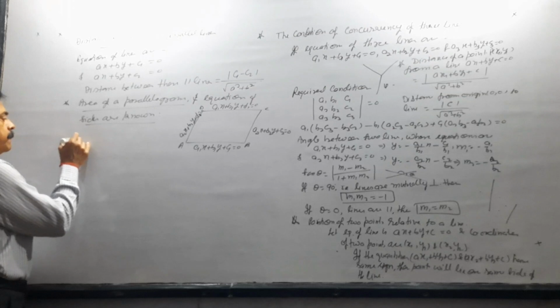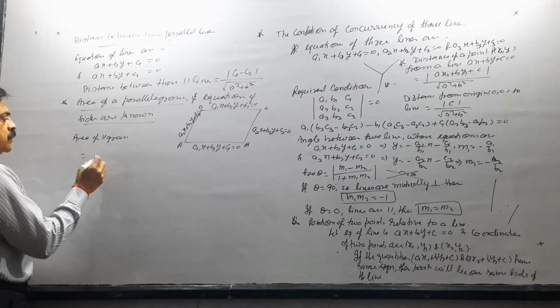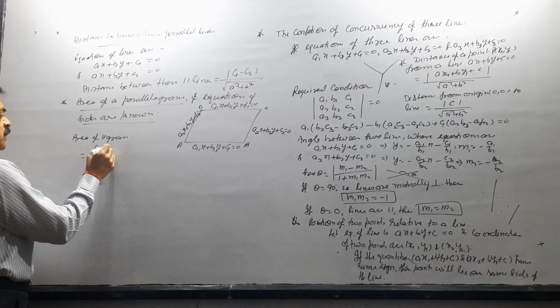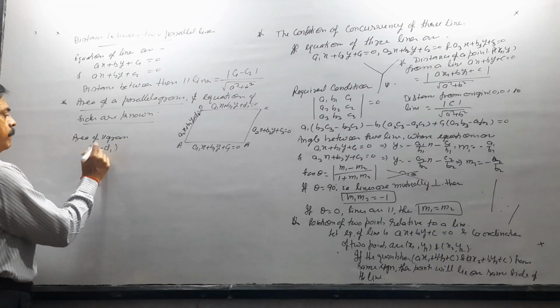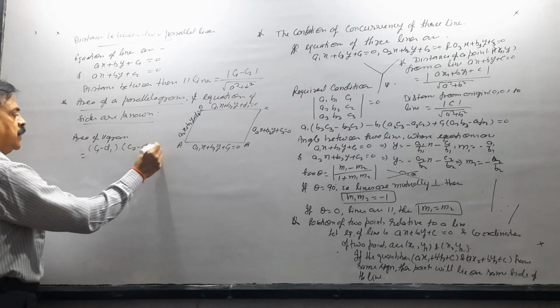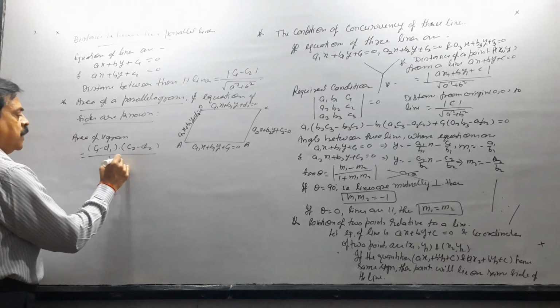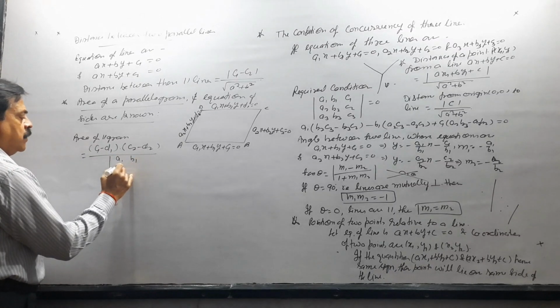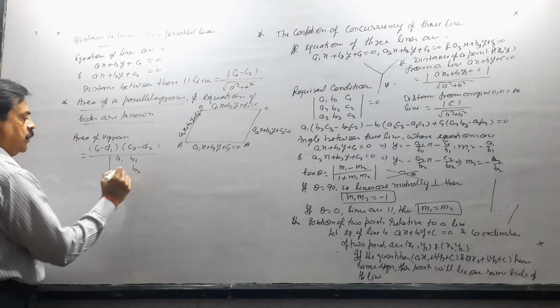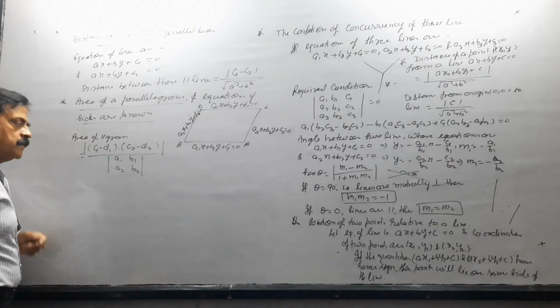Then the area of the parallelogram equals C1 minus D1 into C2 minus D2 upon the determinant A1 B1 A2 B2, and this will be in mod.